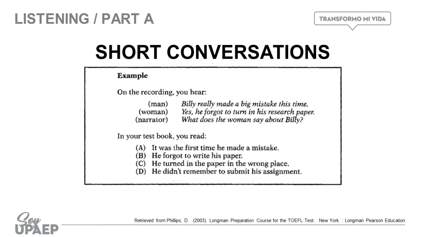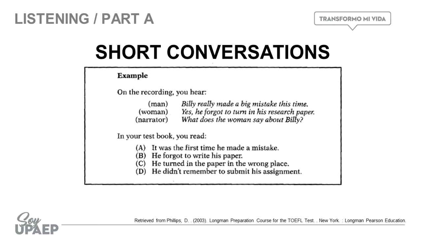The second speaker hides different structures, vocabulary, and messages that you can use in your favor in order to answer the question correctly. If you notice in this exercise, the answer for the question is letter D: He didn't remember to submit his assignment. Why?